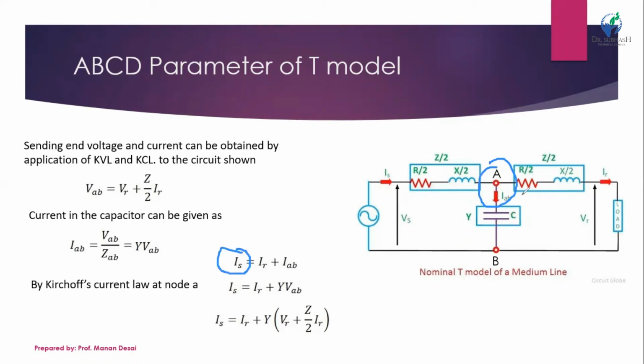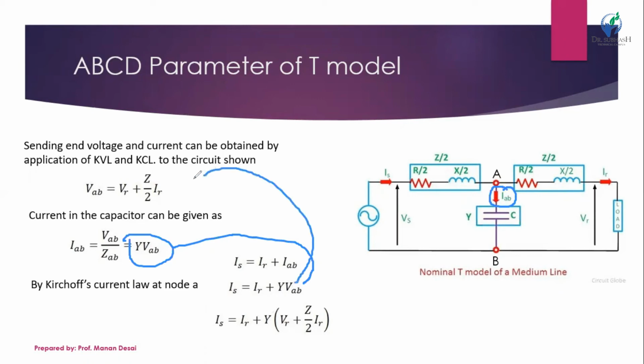IS is equal to IR plus IAB. So we can put here IS is equal to IR plus Y into VAB, and further VAB is VR plus Z by 2 IR.